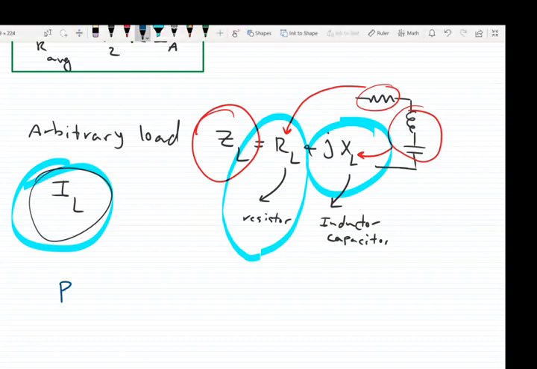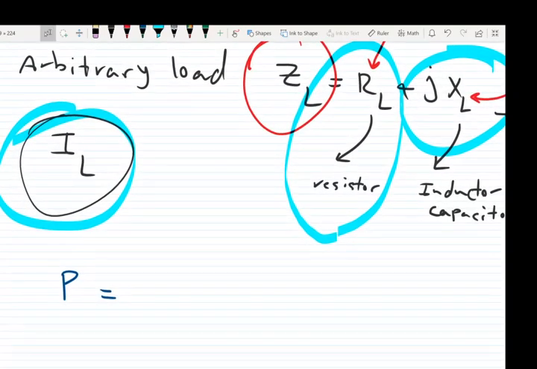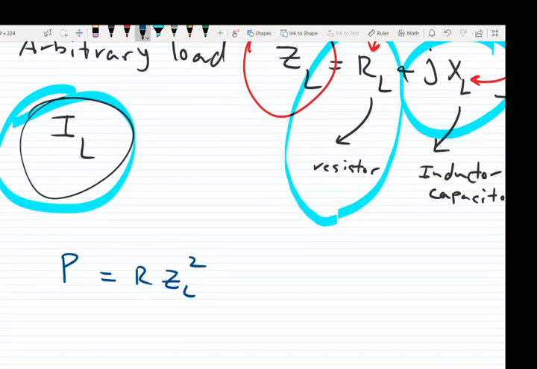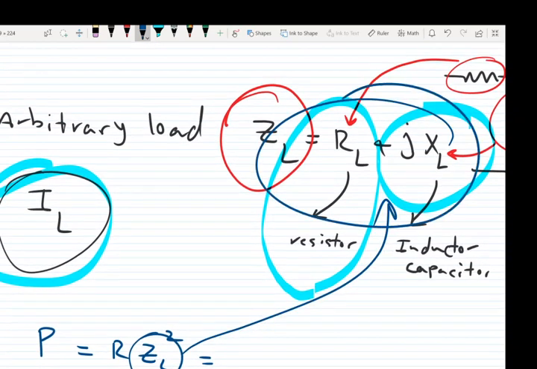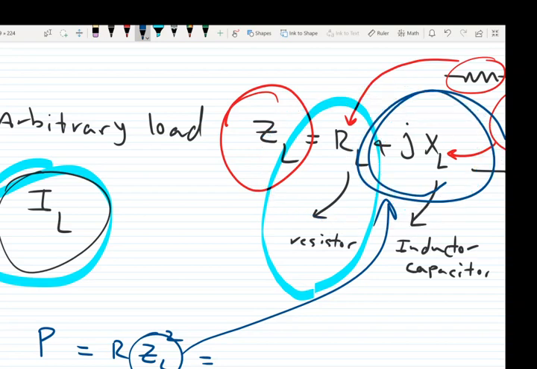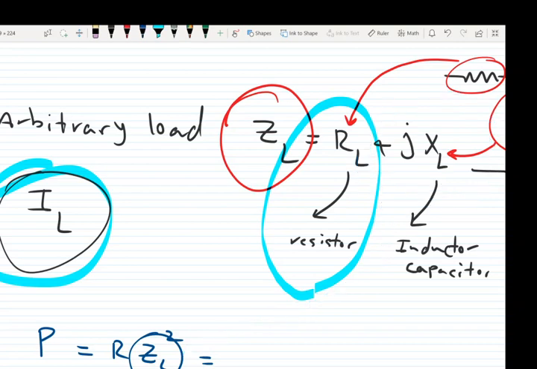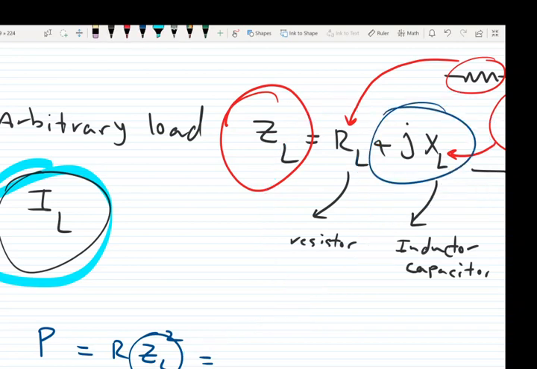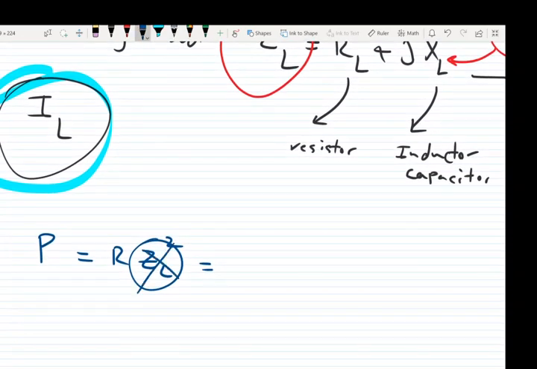We know that P is equal to... ZL IL square, sorry, here is not R ZL.